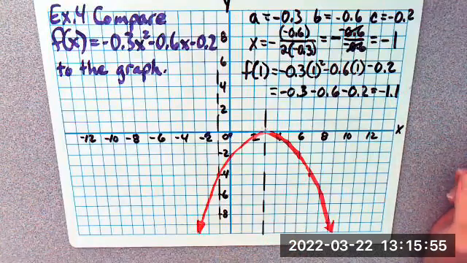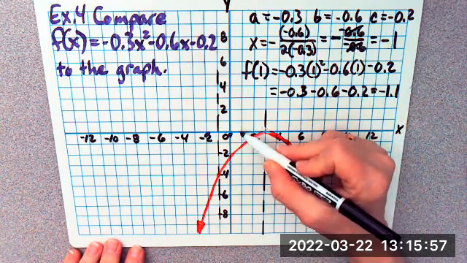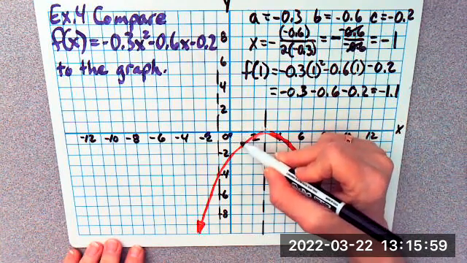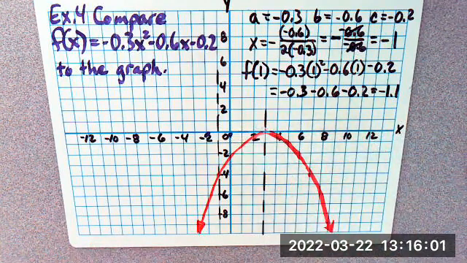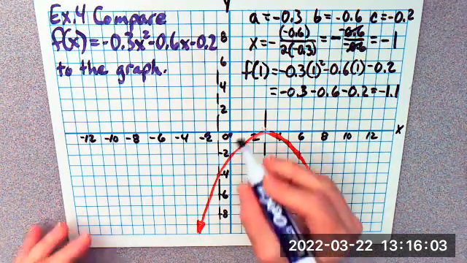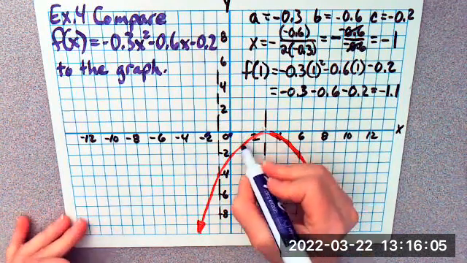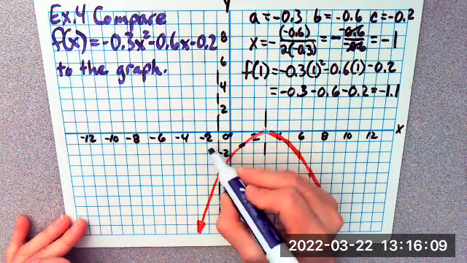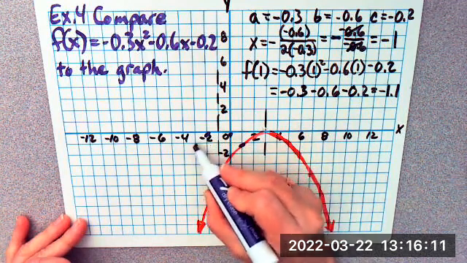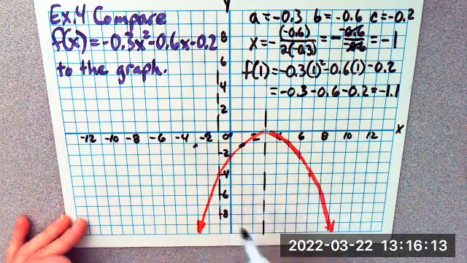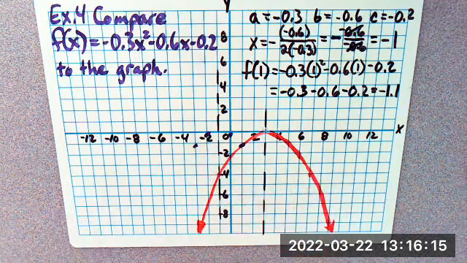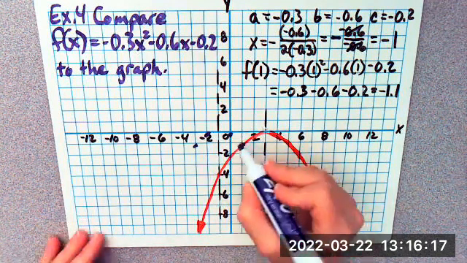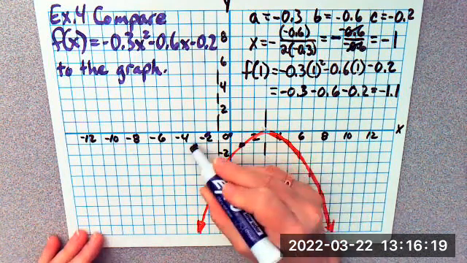All right, so at 1, we're at negative 1.1, which is right here. So it just nicks that one. That's 2 away. So we count 2 away here and go to negative 1.1. Okay, so it's super close to 1.